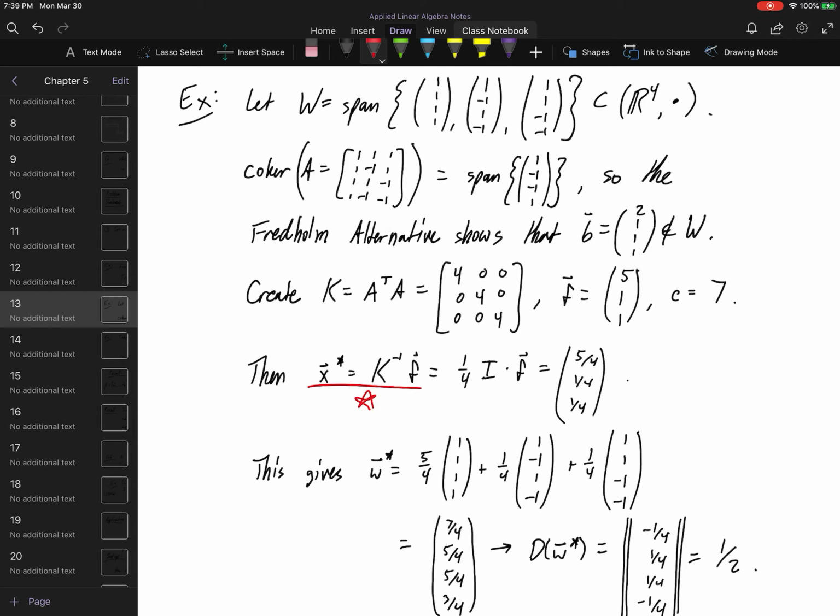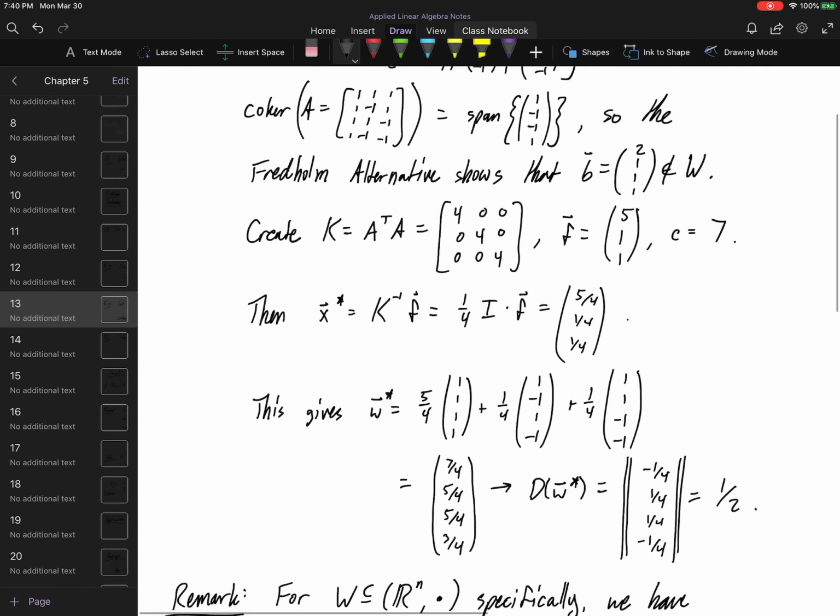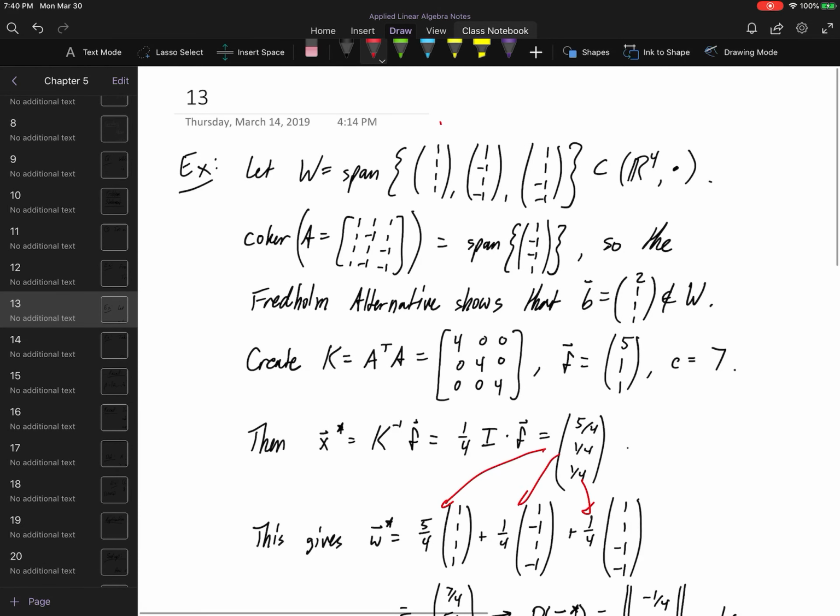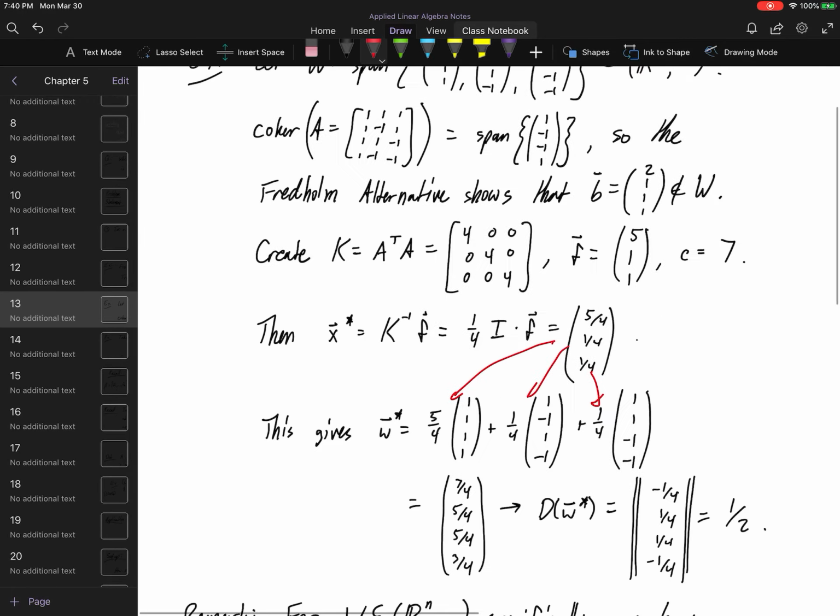So there's 1/4 times the identity multiplied into this vector F, and that gives us the weights that we need to strap on to our basis in order to create the vector that is closest in W to the vector B. So these weights go in front of each of the basis vectors from up here, which were W1, W2, W3 from the notation before.